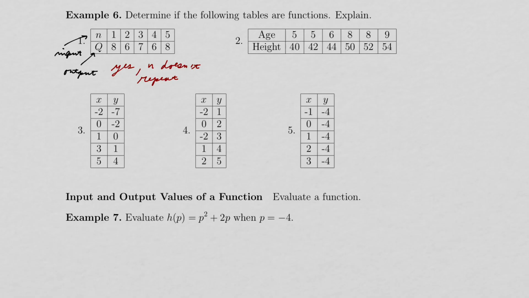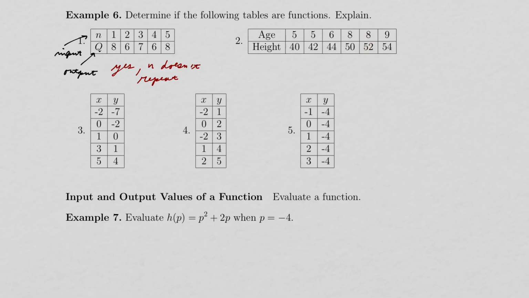Okay, what about the second one? Is this a function? Well, in this case, the age repeats, right? Several different ages, in this case 5 and 5, are associated with two different outputs, two different heights, right? 5 is associated with a 40, 5 is associated with 42. And also the 8s repeat. 8 is associated with 50, and this 8 is associated with 52.